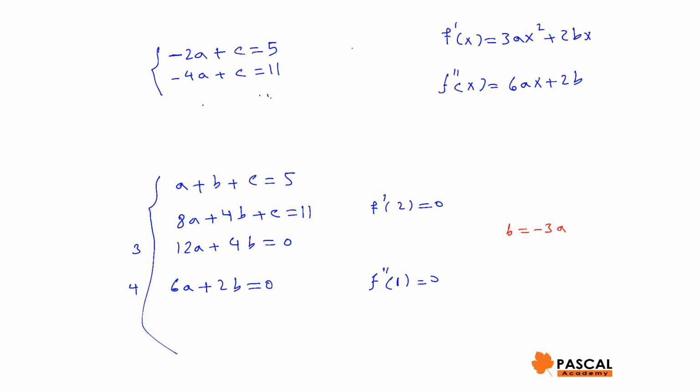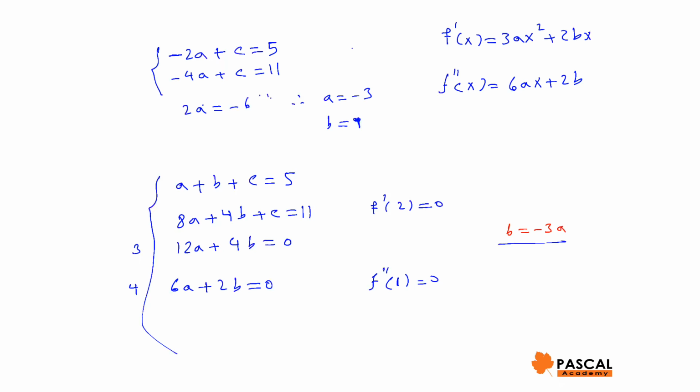By subtracting these equations, we have 2a equals negative 6. That means a is negative 3. If we plug negative 3 into b equals minus 3a, b would be 9.